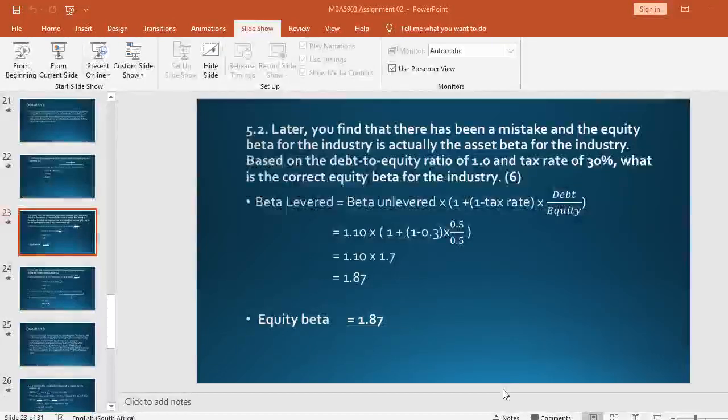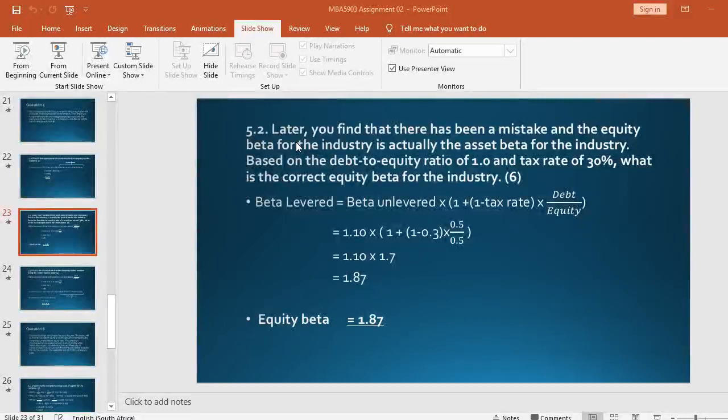Okay, so they are telling us on 5.2 that later you find that there has been a mistake. The equity beta for the industry is actually the asset beta for the industry.